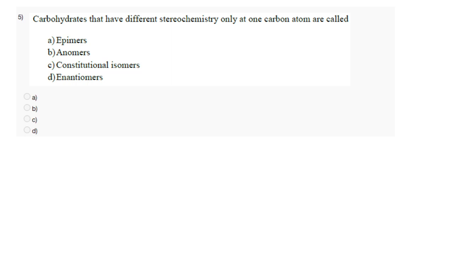Carbohydrates that differ in configuration at only one carbon atom are called: epimer, anomer, constitutional isomer, or enantiomer? So what is the correct answer? Option D, sir.